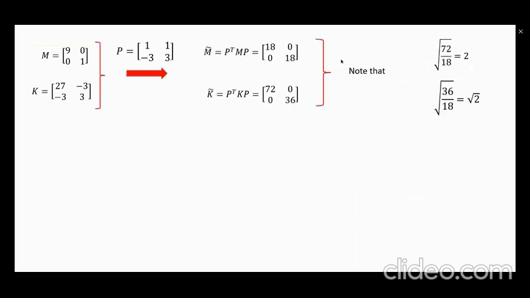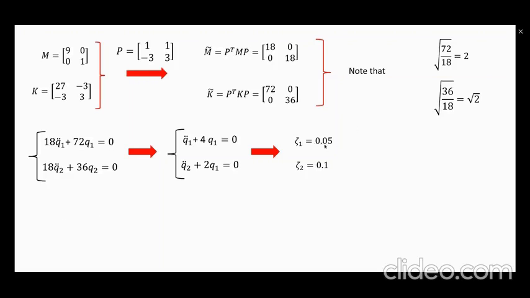Just keep in mind, in passing, that if you take the square root of 72 over 18, you're going to get the first natural frequency. If you take the square root of the ratio 36 over 18, you're going to get root 2. These were the decoupled equations without any damping.